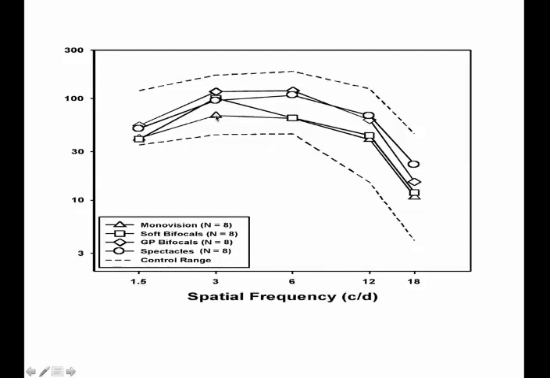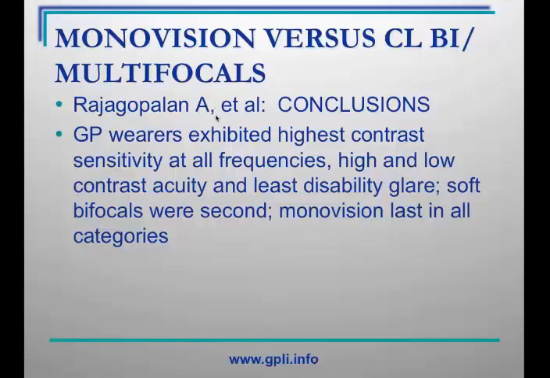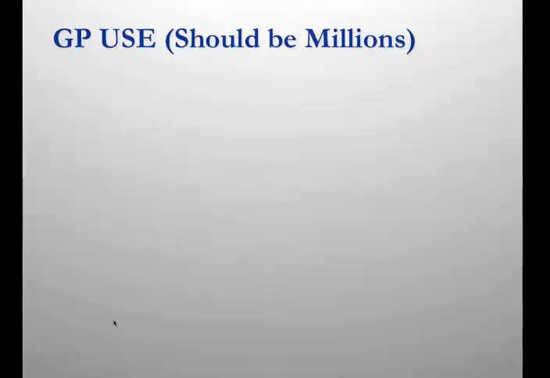Next will be soft multifocals, and the final and lowest one is, in fact, monovision. So the conclusion of this study was, for the three contact lens modalities, GP wearers exhibited the highest contrast sensitivity at all frequencies, best high and low contrast acuity, and least disability glare. Soft bifocals were second, monovision last in all categories.